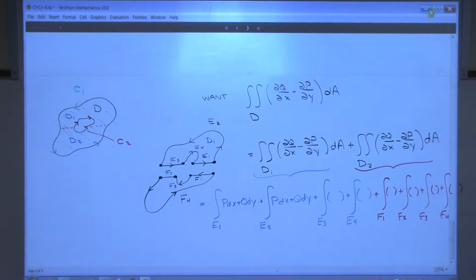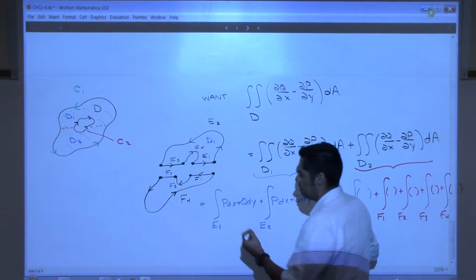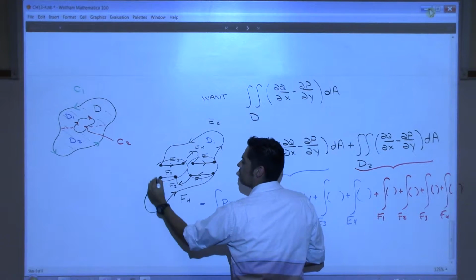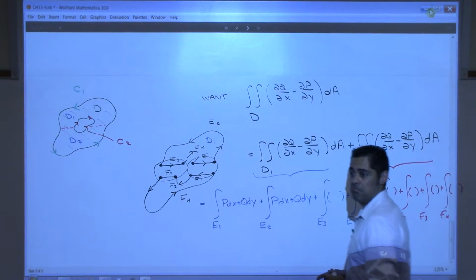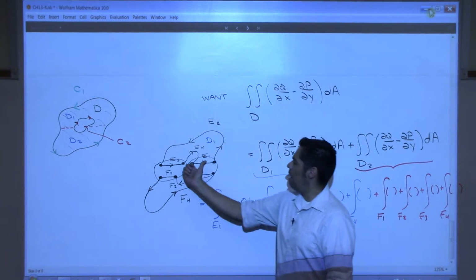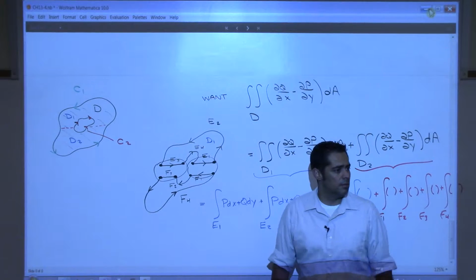All right, anyone see anything interesting in here? I'll give you a hint. Do these cancel? They're opposite directions. Do you notice that E1 is the opposite direction of F1?